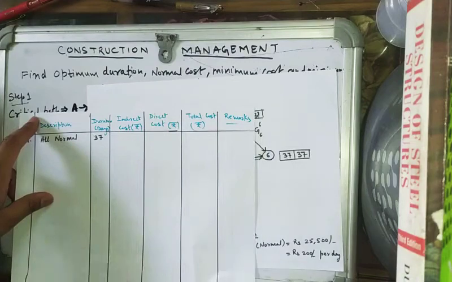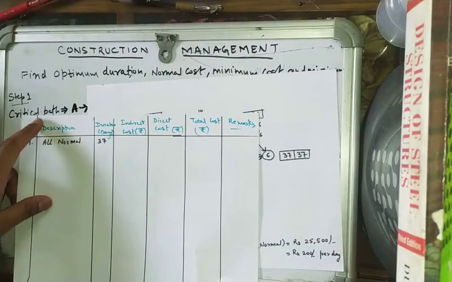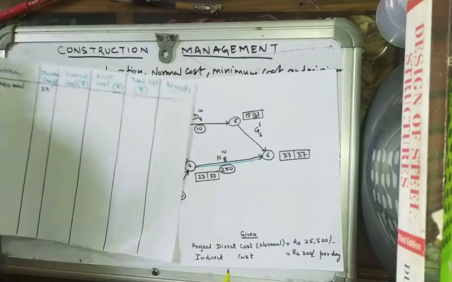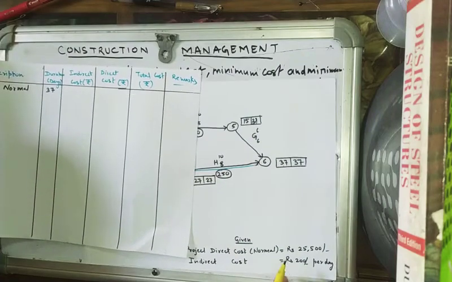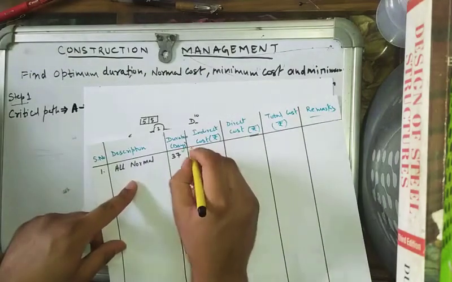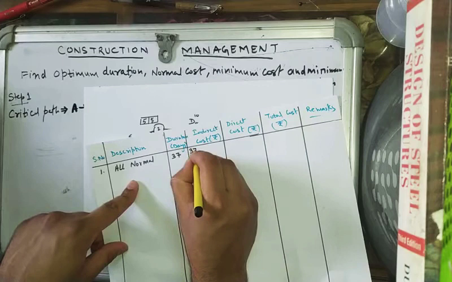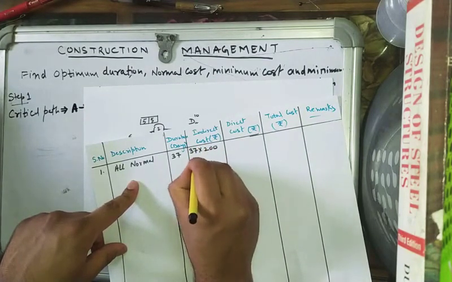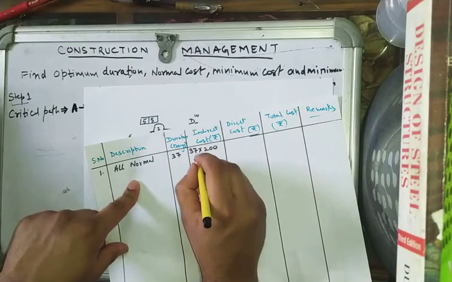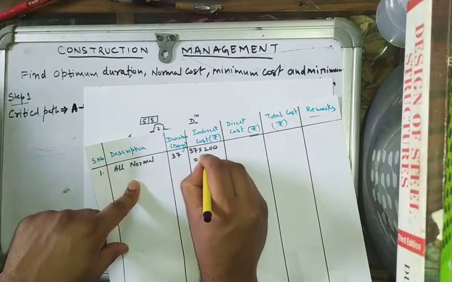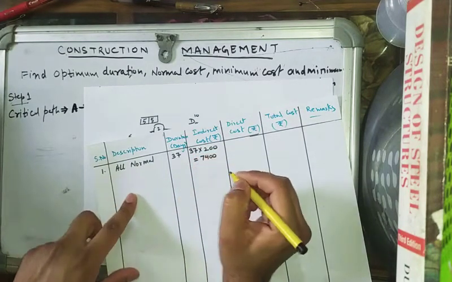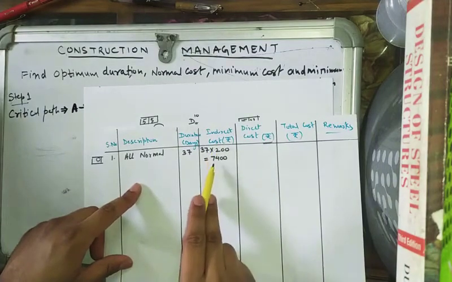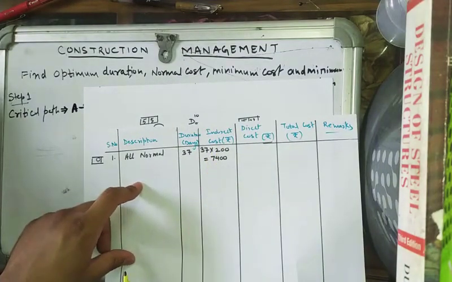So the indirect cost will be 37 into 200, because indirect cost is 200 rupees per day. This comes out to be 7,400. Indirect cost is 7,400.